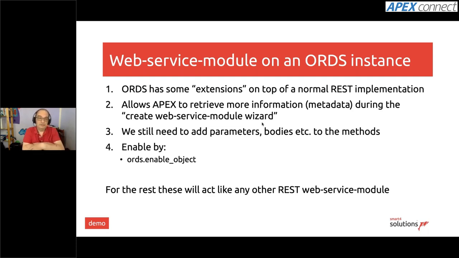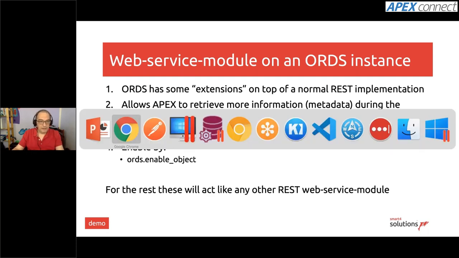But we still need to add parameters, bodies, etc. to the methods that we need to declare. And if you want to enable an auto REST object, we can do that using ORDS enable object. So let's have a look.